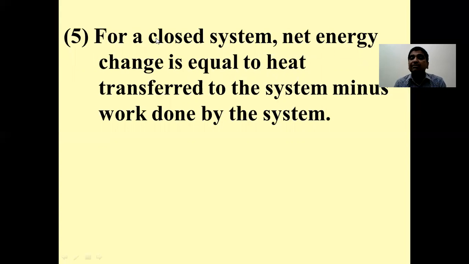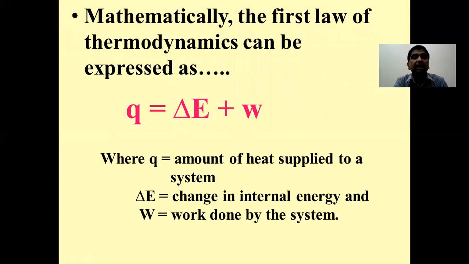For this closed system, the net energy change is equal to the heat transferred to the system minus the work done by the system. This statement will be more clear in the next slide, so let us move further.